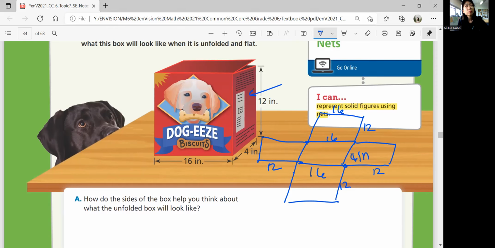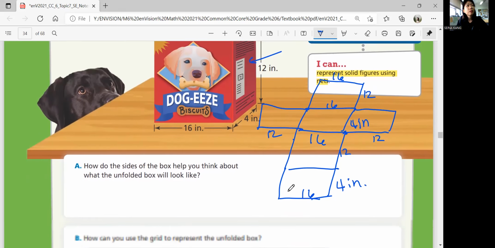And then what else are we missing? We got all the 4 sides and the base. We're missing the top one. The top one could go anywhere, but what if we put it over here? It's gonna have 16 inches by 4 inches. So it's the same as the base. So that's gonna be the flat version.